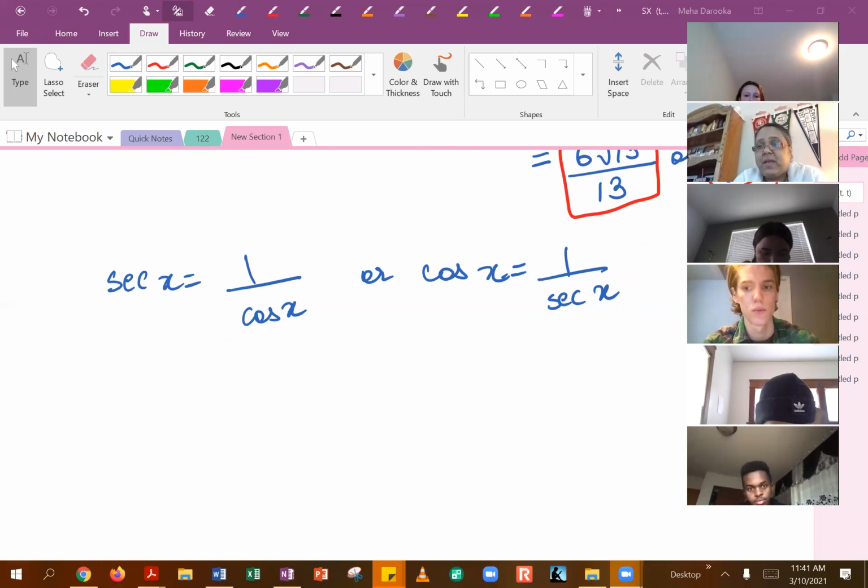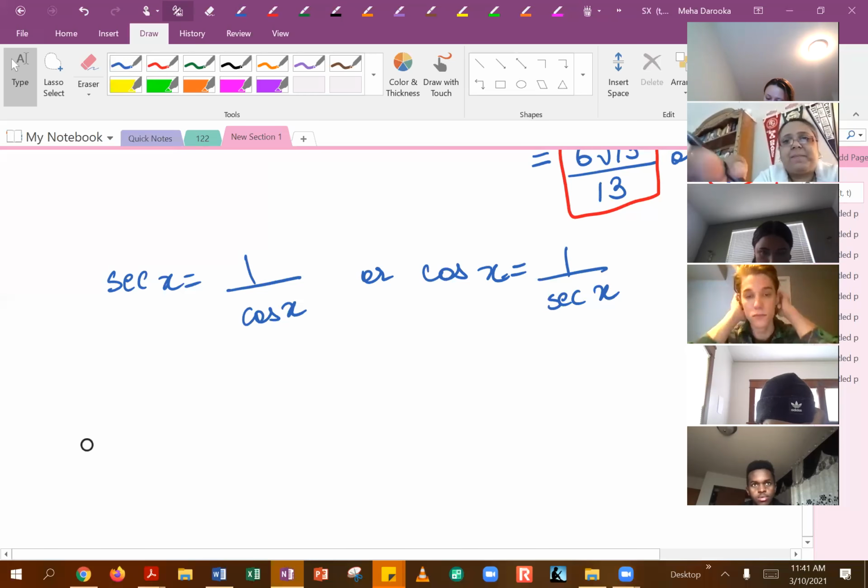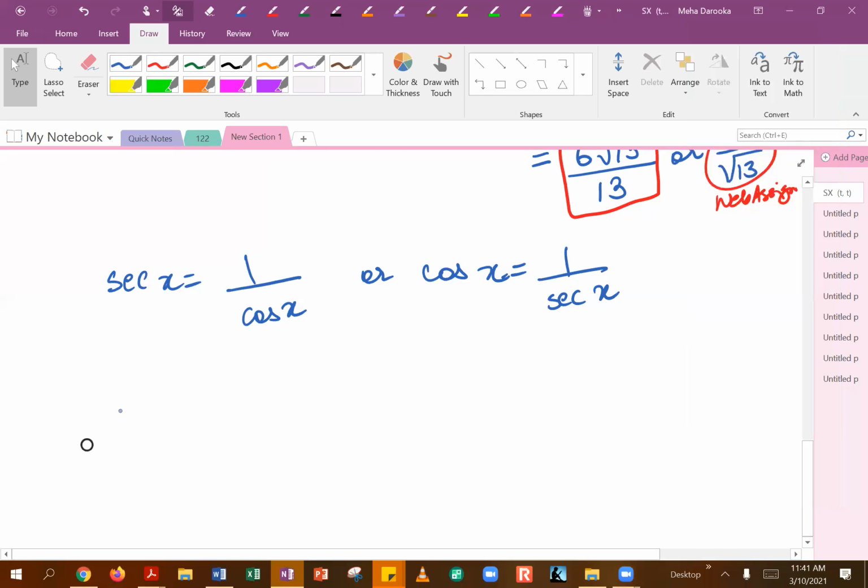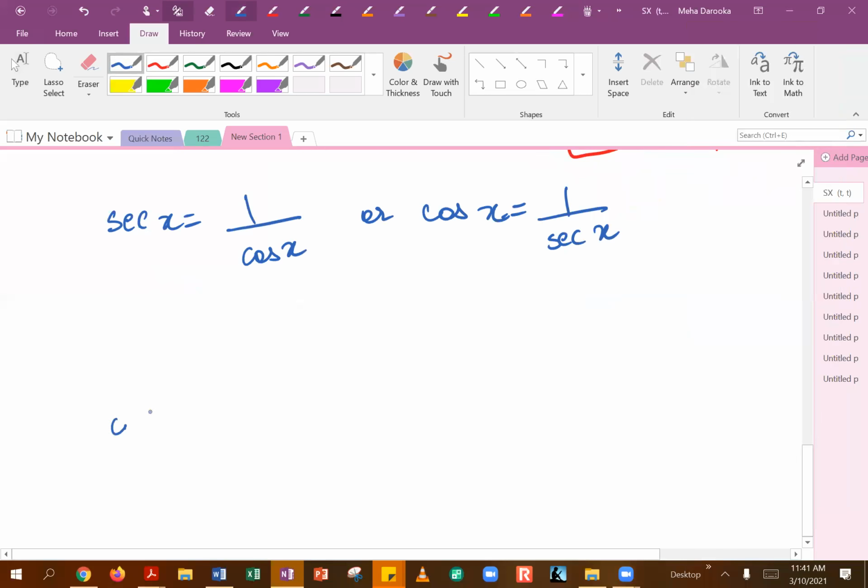So go ahead and send me both of those. Just put a comma and separate your answers. The first one, give me what your secant is. And then for the second answer, tell me what the cotangent function should be. Of course, cotangent also is a reciprocal function for the tangent function.